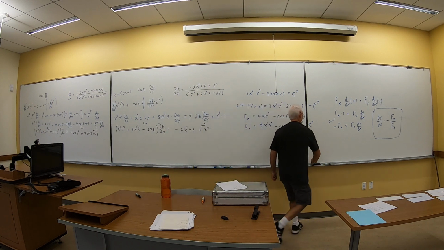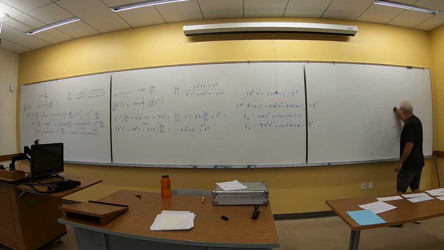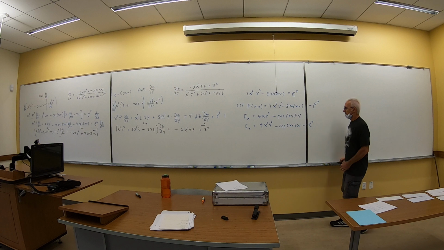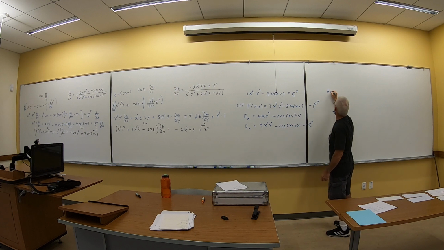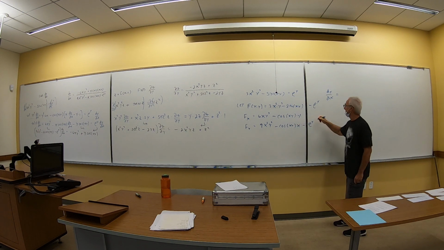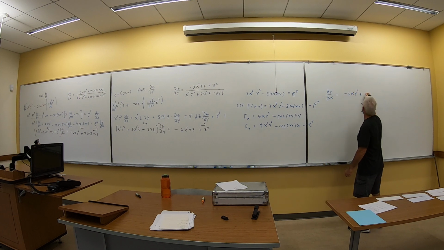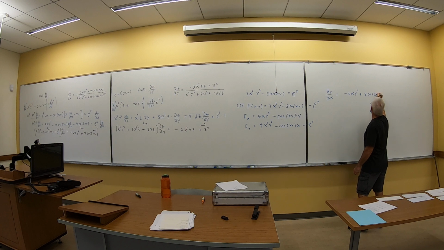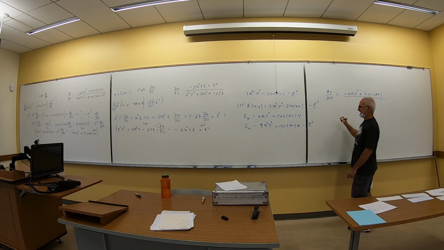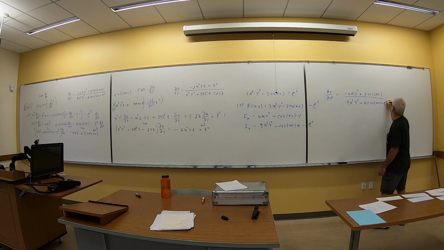Now, according to this crazy formula we just derived, the answer to the question dy dx is supposed to be the negative of fx, the negative of this, over that, which would be 9x squared y squared minus x cosine xy minus e to the y.